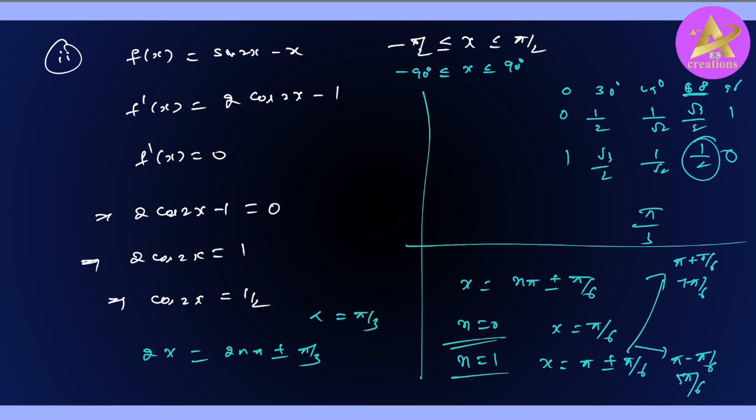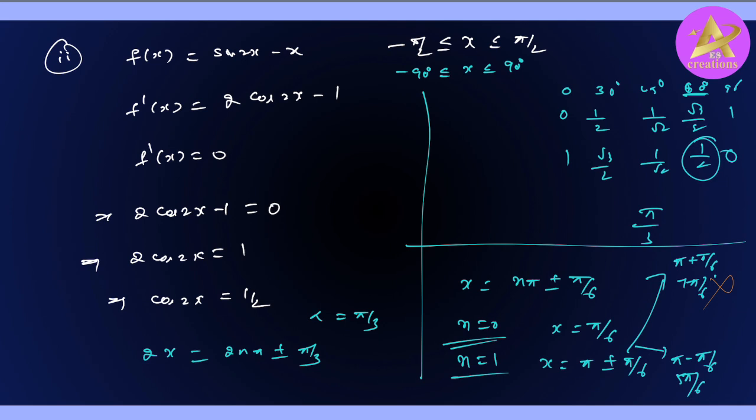We need to simplify this. What is the value we get? Pi by 6 is 30 degree, so 30 into 7 is 210. 210 is greater than 90 degree, so this value is not possible.